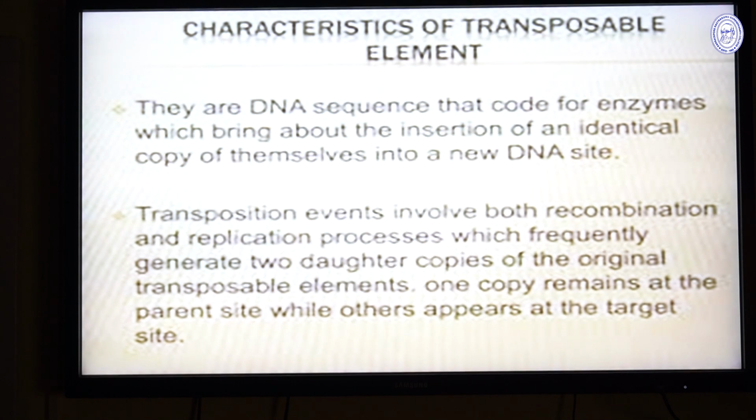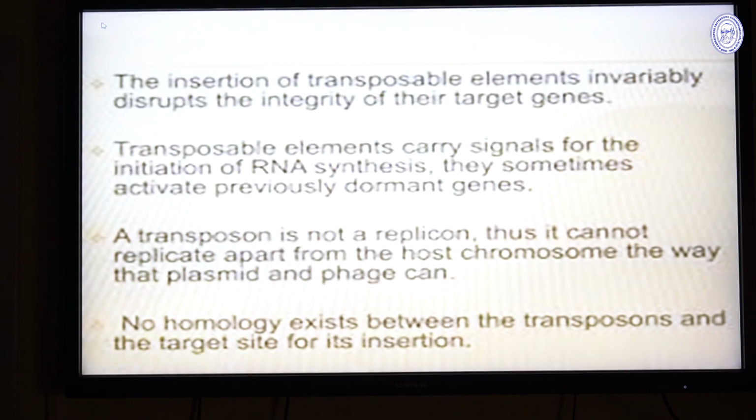Transposition events involve both recombination and replication processes, which frequently generate two daughter copies of the original transposable element. One copy remains at the parent site while the other appears at the target site. Now it depends upon the nature of the transposons. Sometimes the original copy is not retained at the original site, depending upon the type of transposon. We will go into that a bit later.